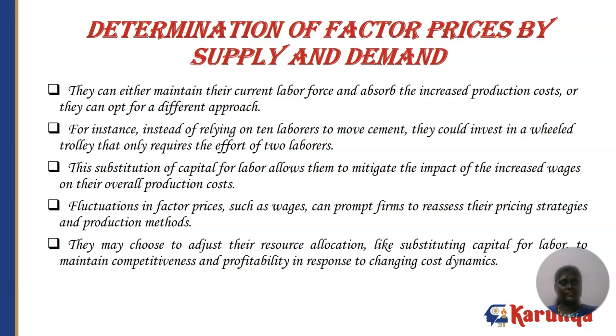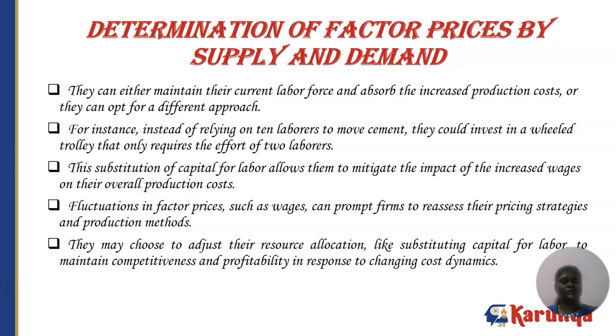So when there is an increase in wages, you can try out a different approach, decreasing your labor force. As an example, there are 10 laborers to move cement, where you can invest in a wheeled trolley that can reduce your laborers from 10 to 2. This substitution of capital for labor allows them to mitigate the impact of increased wages on their overall production cost.